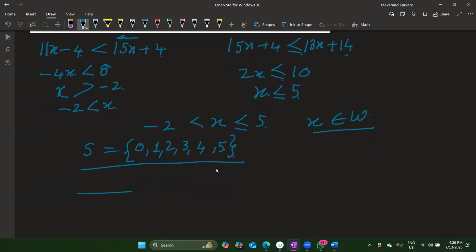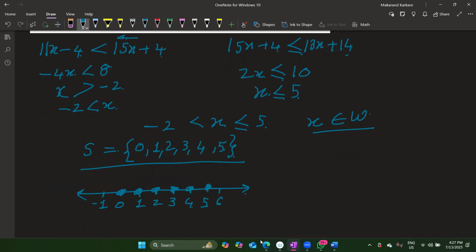And once I get that, for representing it on the number line, this is minus 1, 0, 1, 2, 3, 4, 5, 6. And so that's how your solution set will get represented.